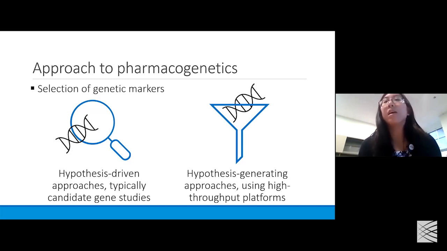Essentially you're looking at genes in a particular drug pathway or transporter that might have an impact on your drug response. When there isn't a clear understanding of the pharmacology of a drug, we can now use agnostic approaches using GWAS and high throughput platforms to evaluate unsolved variability in drug response. That is more of a hypothesis generating approach rather than one that's targeted.